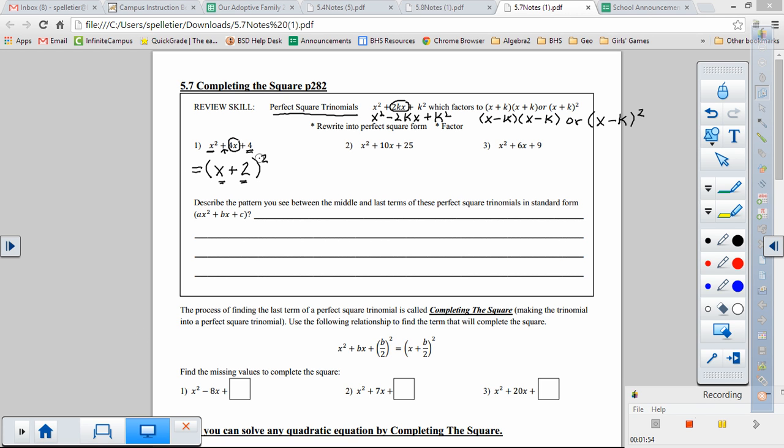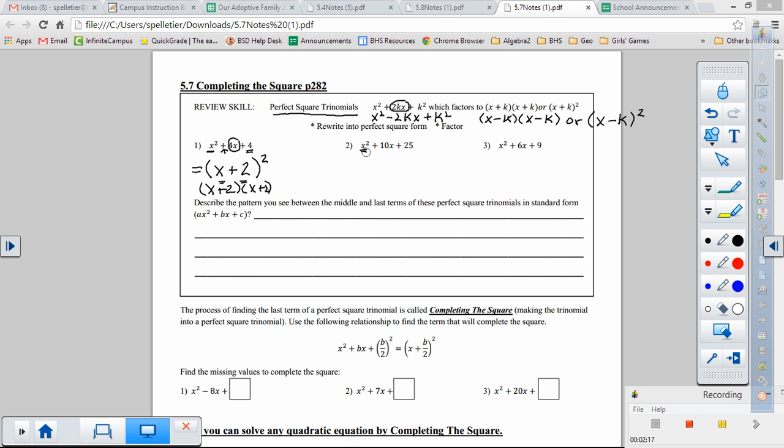We have taken the trinomial given to us and factored it down into its two factors. So we just write the squared on the outside because it's the simplest way of writing x plus 2 times x plus 2. Now I do have students that will do it that way first and then write it as squared second, and so I'm going to do the second example that way.